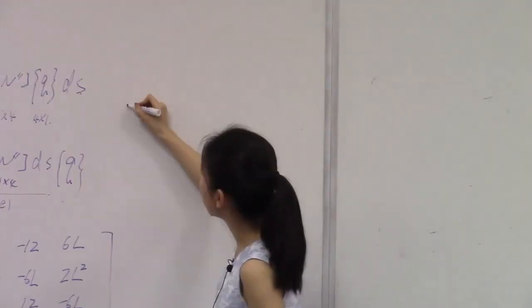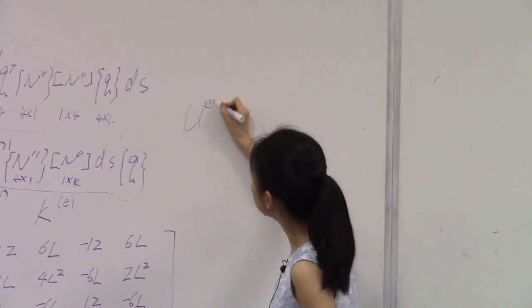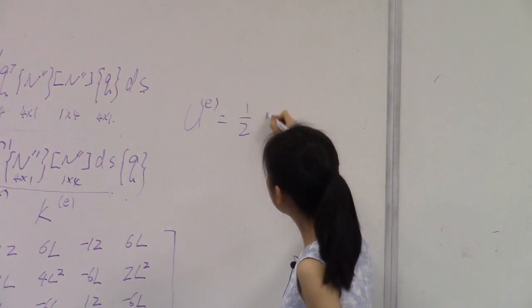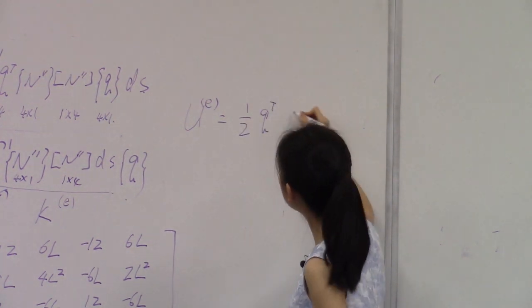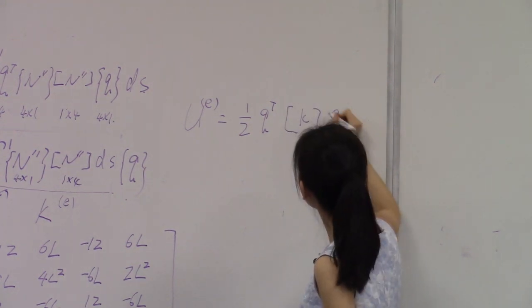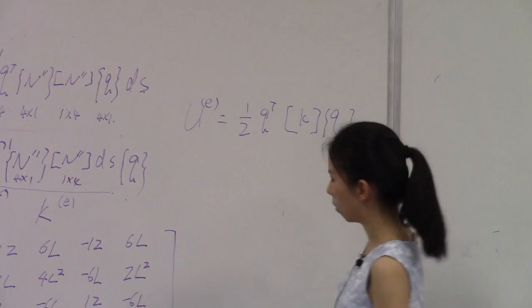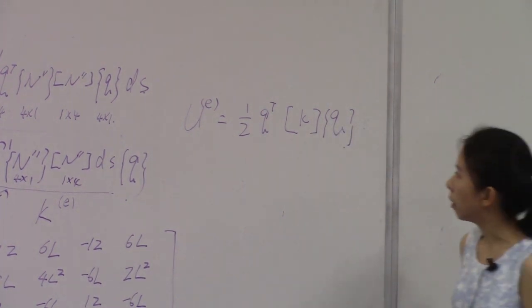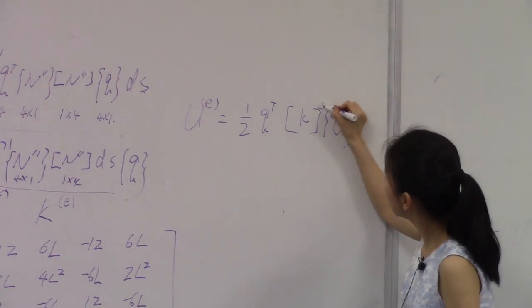So to simplify this equation, I can also write the strain energy of this element as 1/2 q^T K q, right? And this is for one element.